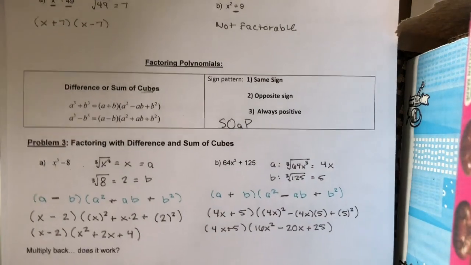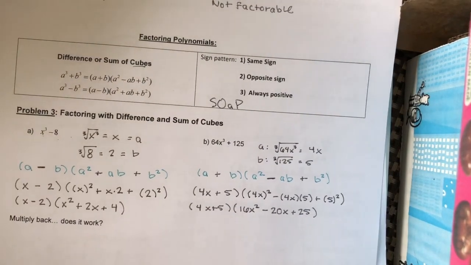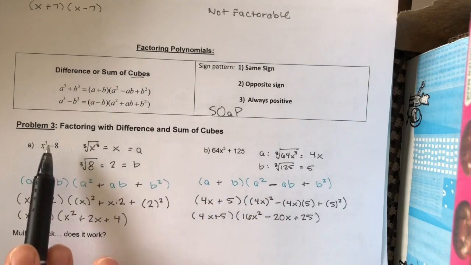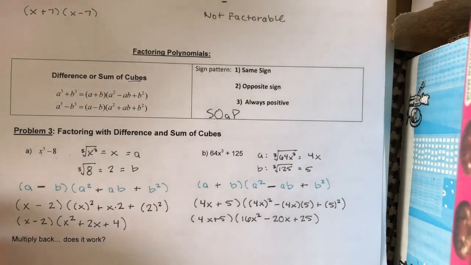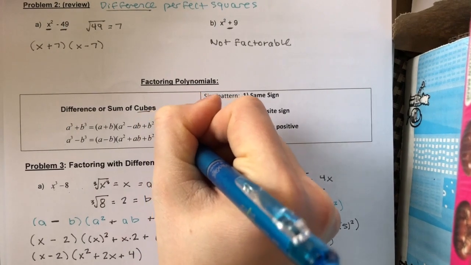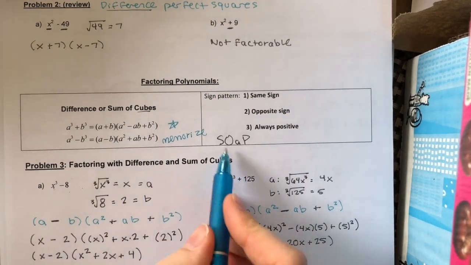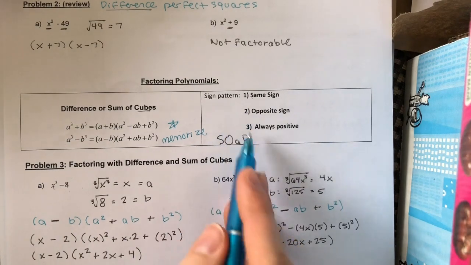Okay, we reviewed difference of perfect squares, and we learned how to factor perfect cubes, both the addition and the subtraction. So this is a formula we want to memorize. Okay, a little note to yourself. Also SOAP, that's what this means, the signs.